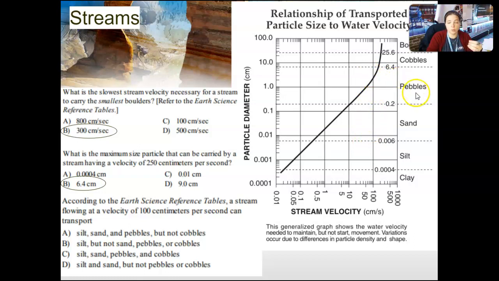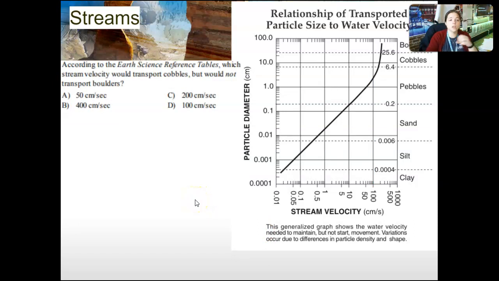So it's going to include pebbles, sand, silt, and clay. Sand, yes. Silt and sand, good. So B's out. Pebbles, yes. Not pebbles, so D's out. So B and D are out. Cobbles? It can't do cobbles. The biggest it can do is pebbles. So it's got to be A.